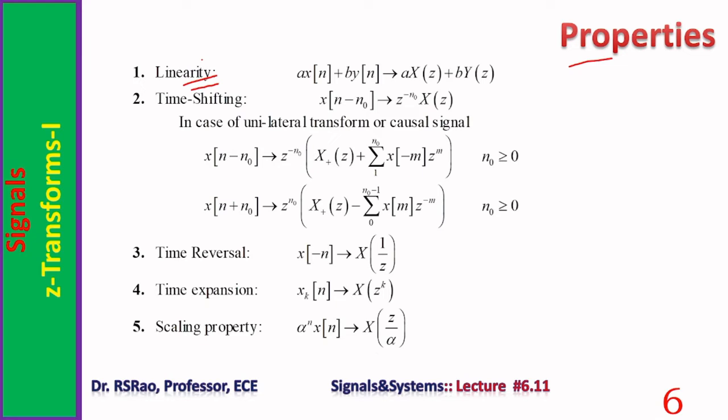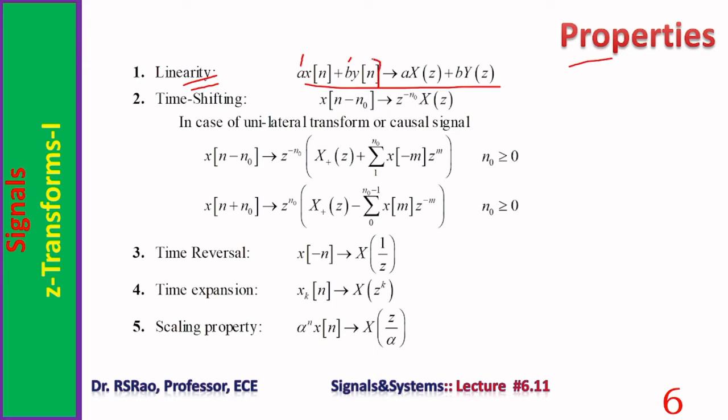The mathematical statement pertaining to linearity is: the transform of a x of n plus b y of n is equal to a X of z plus b Y of z. a, b are constants. Note, the same constants appear in the frequency domain too. X of z, Y of z are transforms of x of n, y of n sequences.